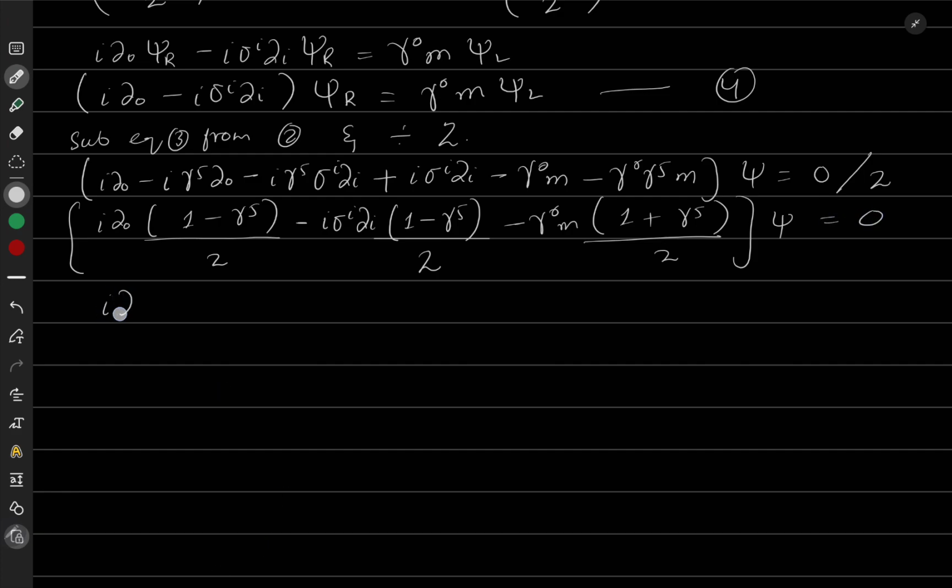So I will do the same thing. This is my left chiral operator. This will give me the left-handed part of the psi.